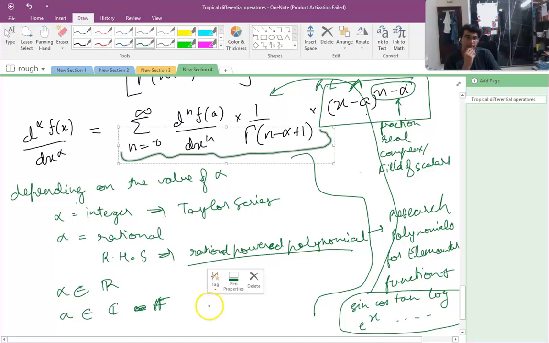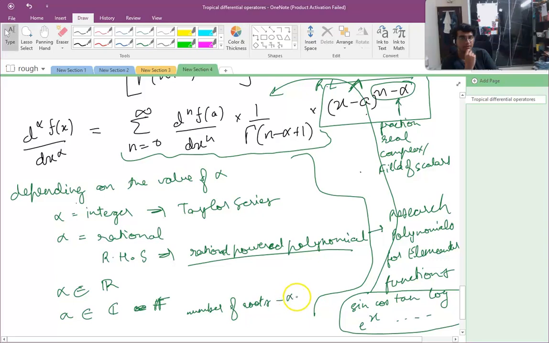That will be things of interest, things you can say about, for example, the number of roots of your polynomial when alpha is rational. Does it still hold under the fundamental theorem of algebra? These are interesting things you can explore.